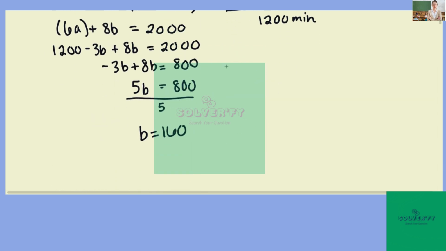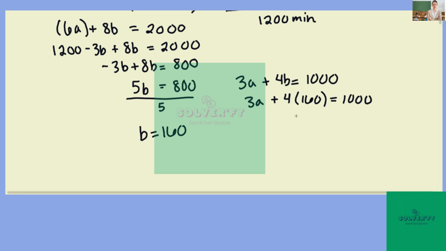So I'm going to rewrite that equation down here. 3A plus 4B is equal to 1,000. And now we'll sub in our B. 3A plus 4 times our 160, which is our B, is equal to 1,000. And this is equal to 640.